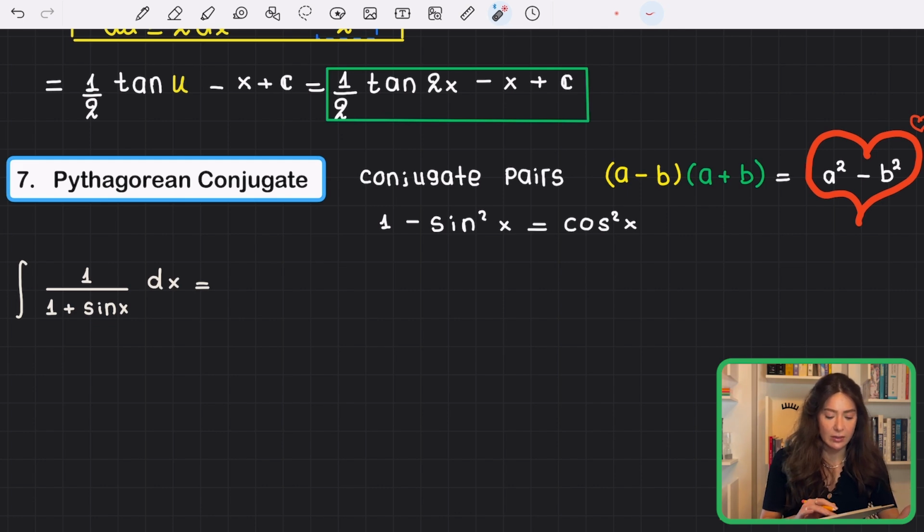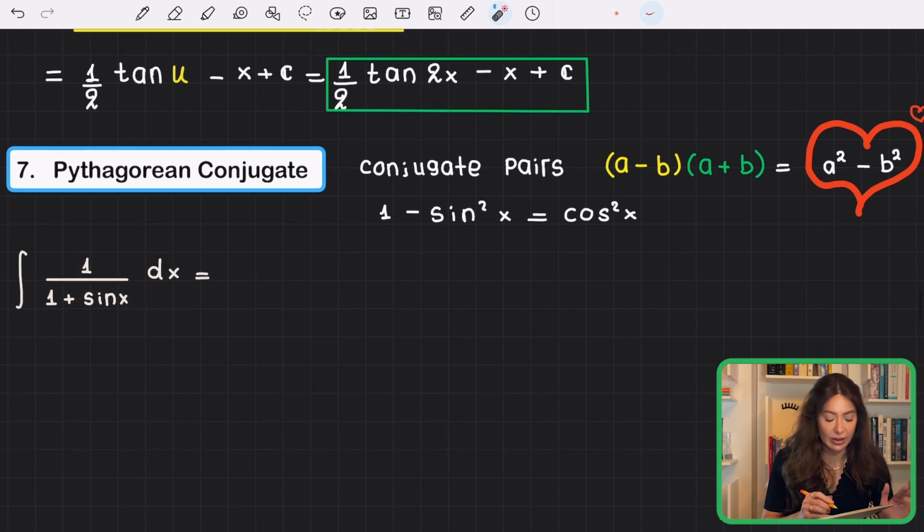And by the way, the whole problem with this integral is that I can't take this right now. If you say that this equals u, you can never say that, because unless you have the derivative of this sitting here, that's not a good option, and you don't, because the derivative of sine is cosine. So that's not here.